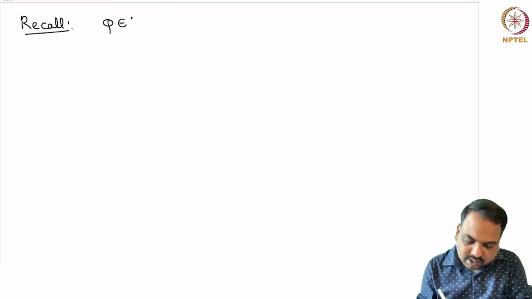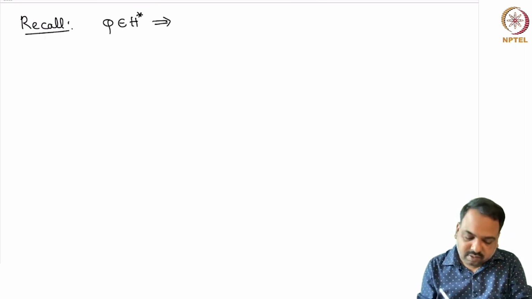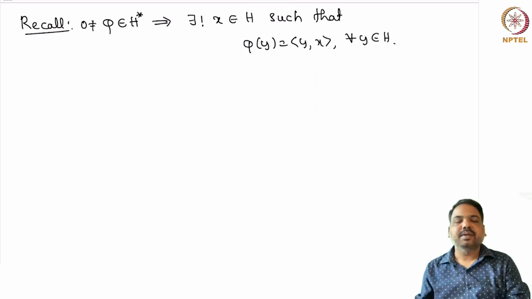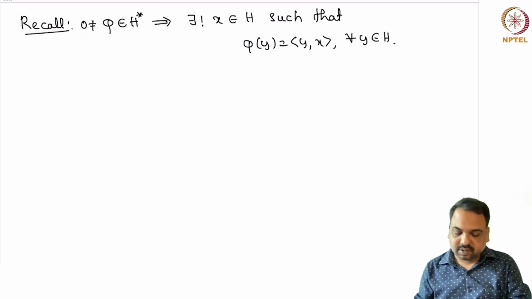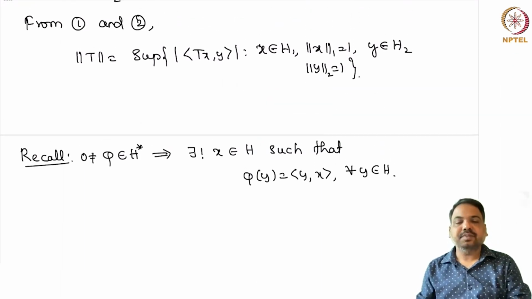If phi is in H star, where H is a Hilbert space, and phi is non-zero, there exists a unique element x in H such that phi of y is the inner product of y with x for every y in H. That means every bounded linear functional on a Hilbert space is given by this one.